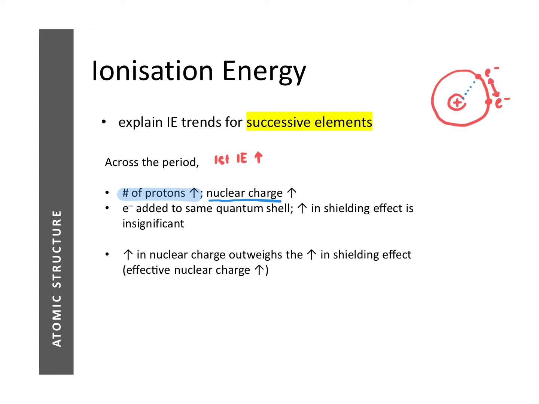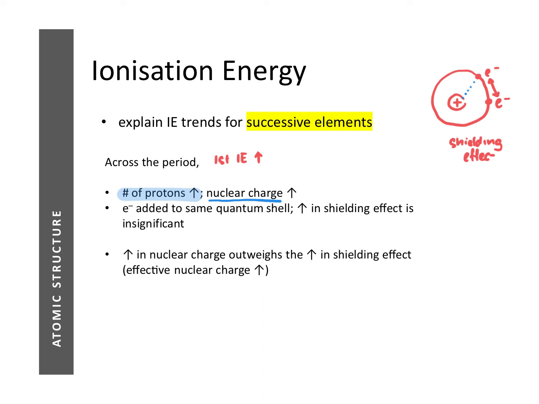This repulsion between electrons which have the same charge is known as the shielding effect. An increase in repulsion and an increase in shielding effect would mean that the electron can be removed more easily. So let's think of this again.